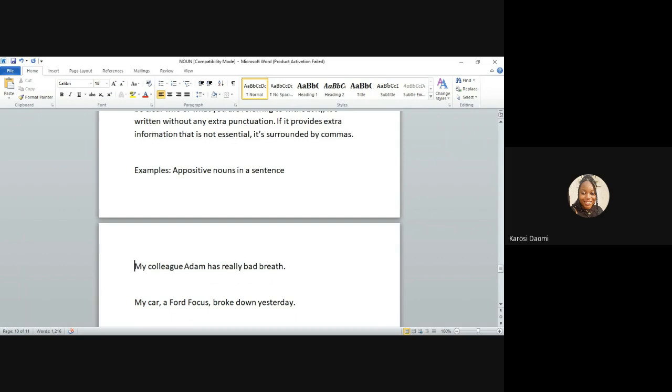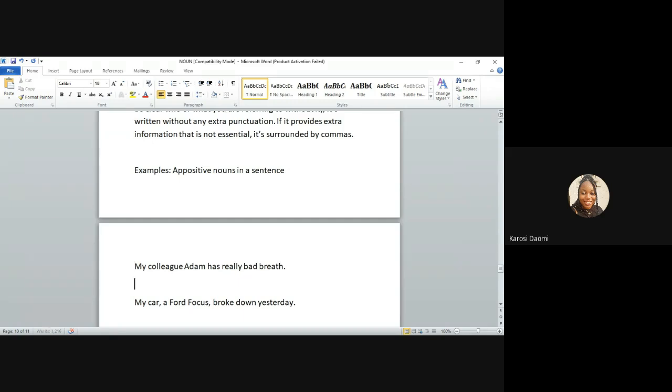So the appositive is giving more additional information to what is already known. You could say my colleague has really bad breath. That's a complete sentence. That makes sense. But if I want to know more, I would ask, oh, which of your colleagues? And Adam is the answer. So my colleague Adam has really bad breath.